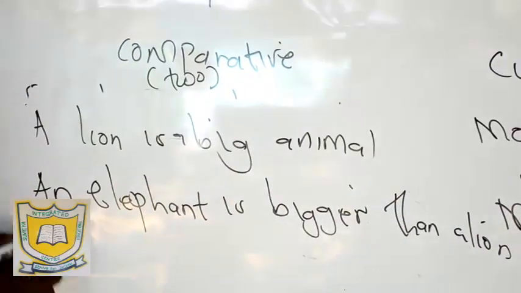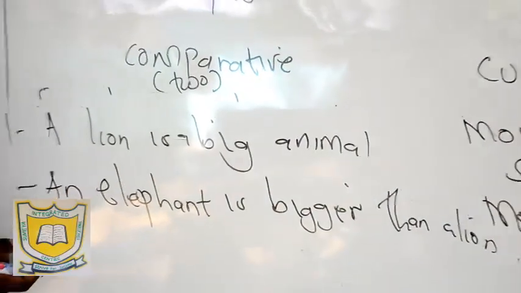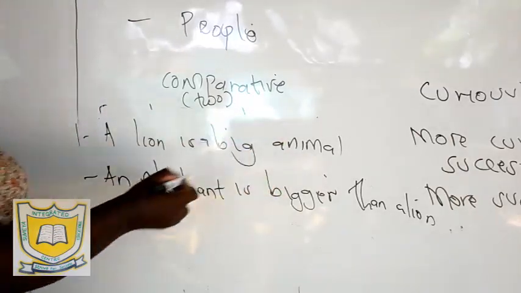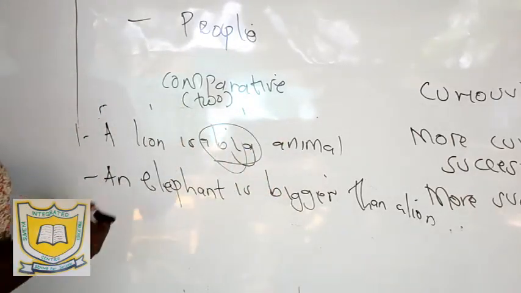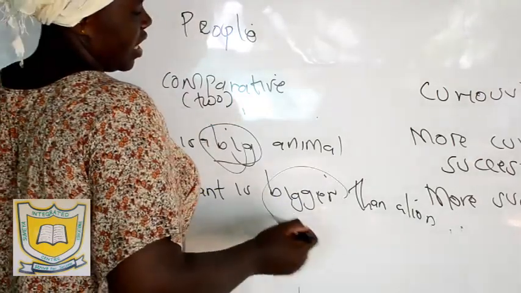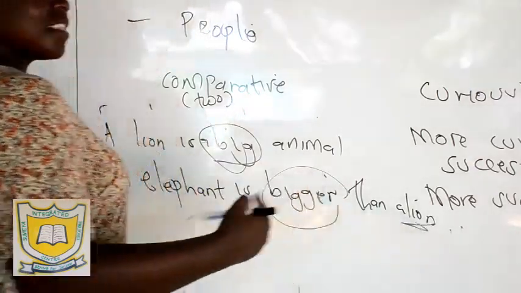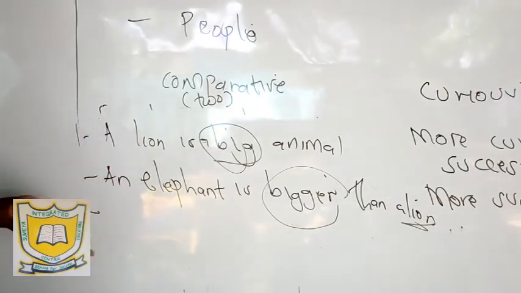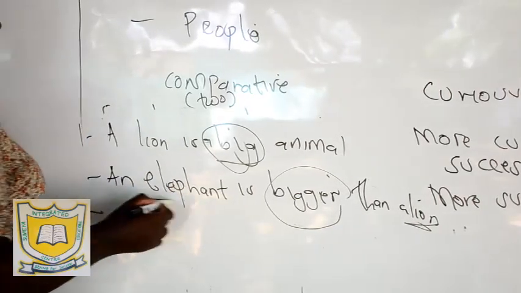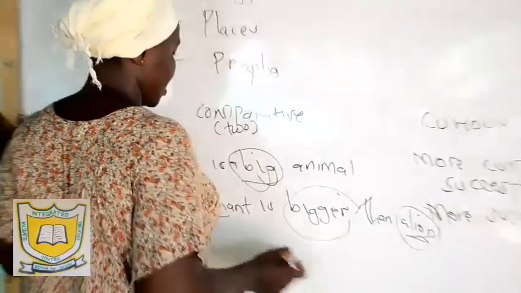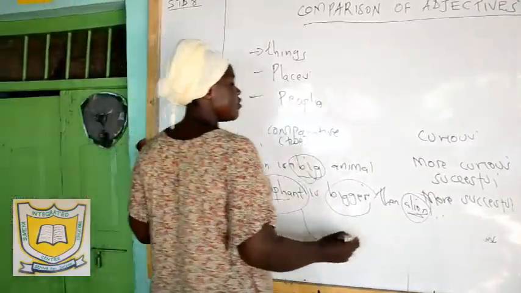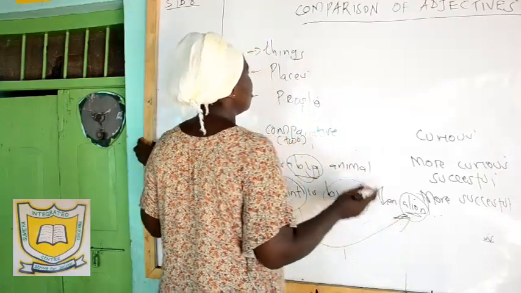And then we are going to say, which one is the biggest animal? A lion is a big animal, so it is the positive degree. And then I'm going to say an elephant is bigger than a lion. So you compare two things to their kind, like you compare animals to animals. I'm having a lion, and then I'm having an elephant. I'm comparing two things, two animals.